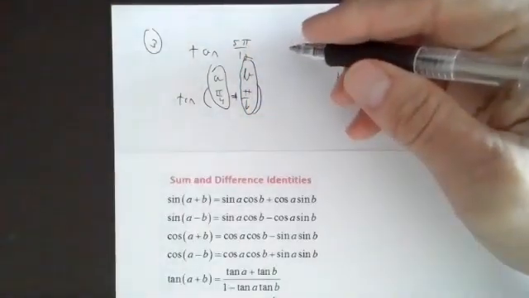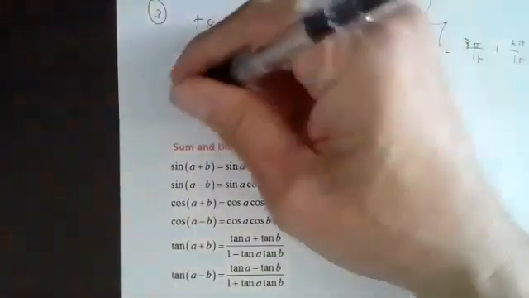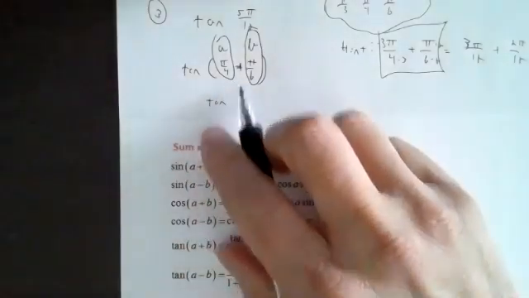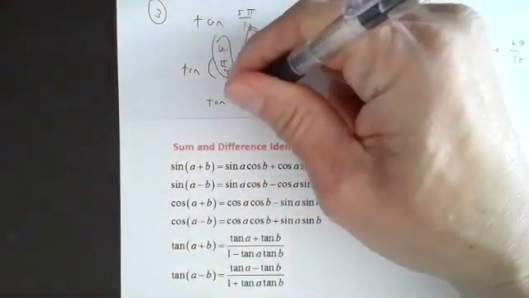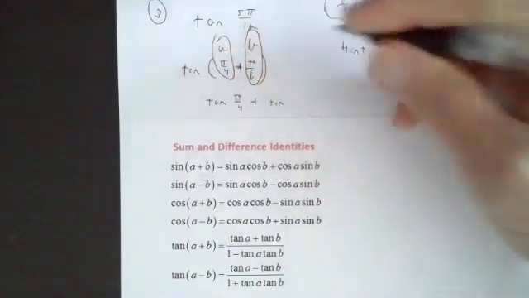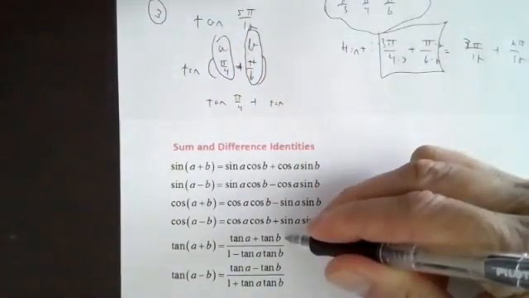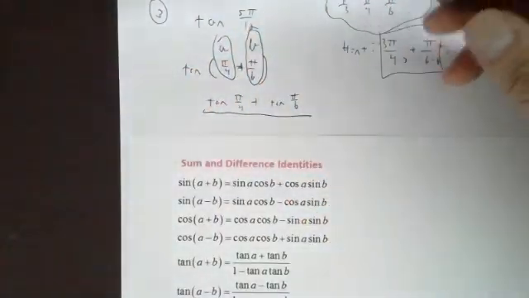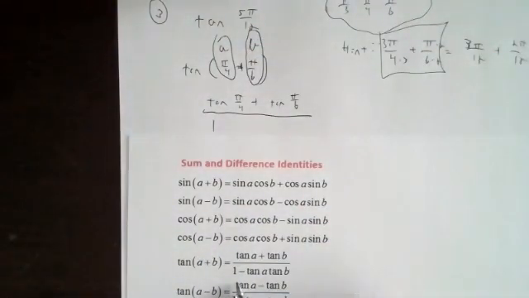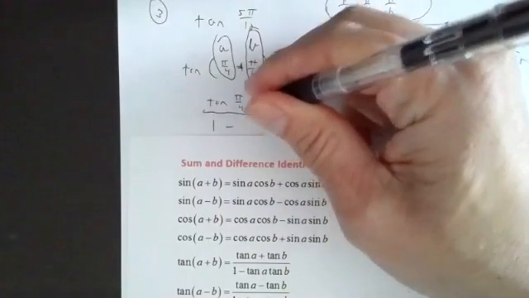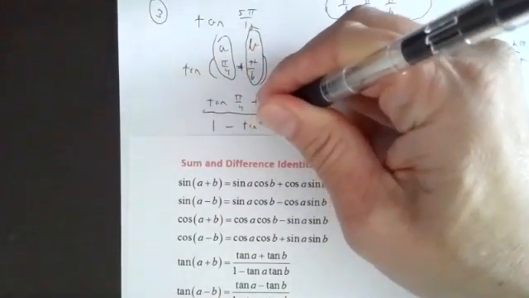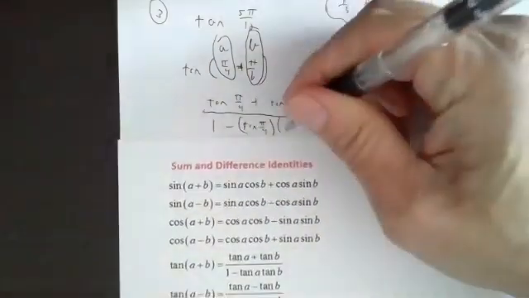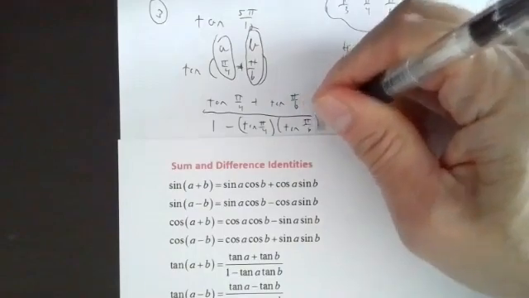So this formula is going to turn out to be the tangent of A plus B: tangent of A, so tangent of pi over 4, plus the tangent of the B angle, tangent of B, which is pi over 6, all over, because it's a big fraction, 1, which is just in the formula, minus the tangent of A, tan of pi over 4 again, times the tangent of B, which is pi over 6.